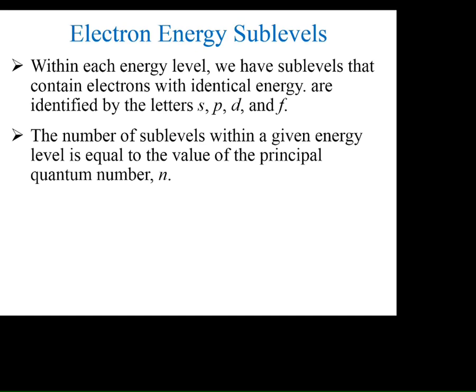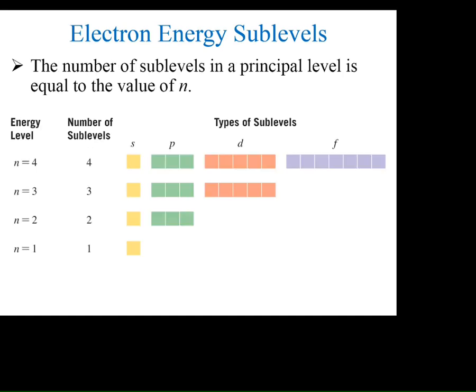Because right now we actually know of 7 levels, but we only know of 4 sublevels that have been found so far. And I'll show you where those live here in a second, and then you can see for yourself where they come from. So, the first level can only have 1 sublevel, and it's the S one.